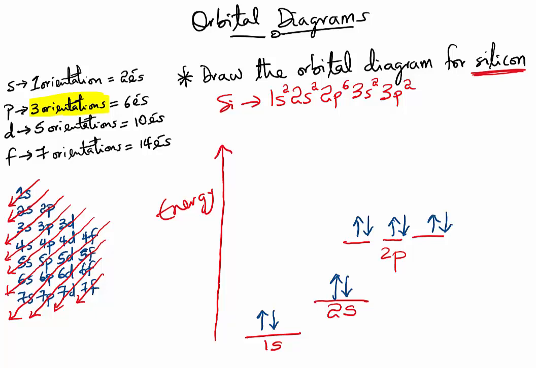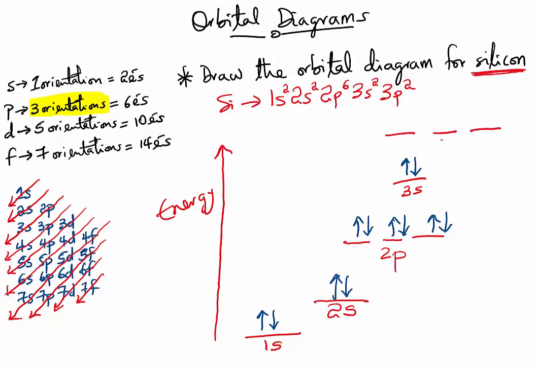And then we move on to the 3s orbital. The 3s orbital has 2 electrons in it. Both of them will spin in opposite directions. And then we come to the 3p orbital.